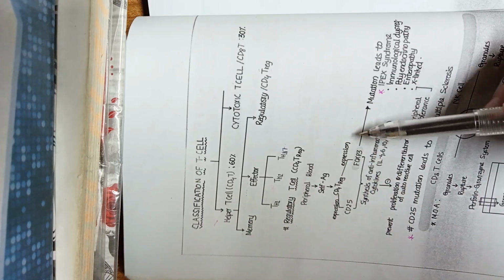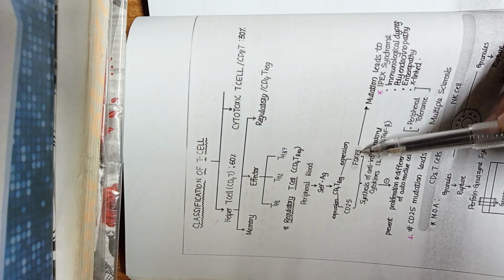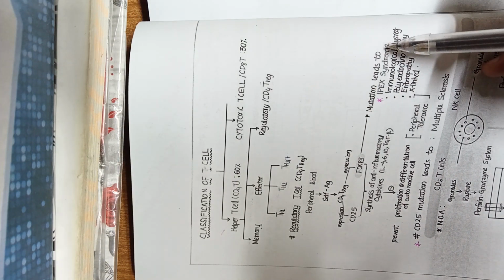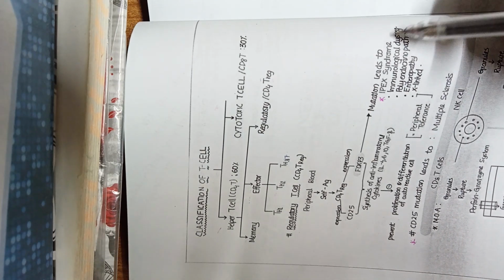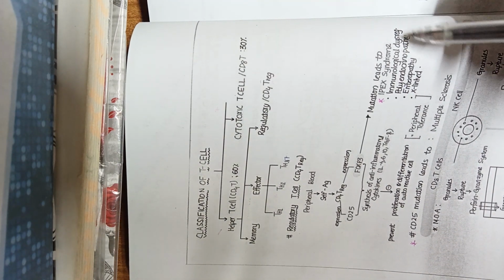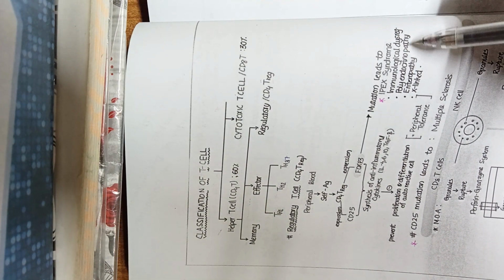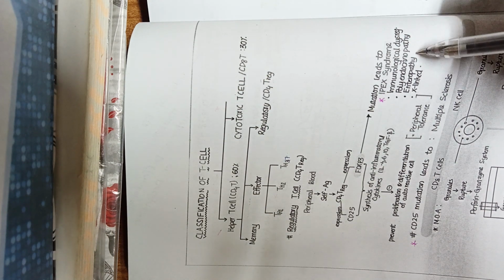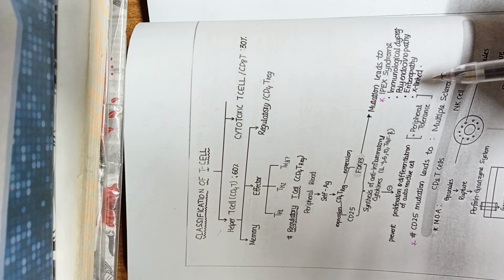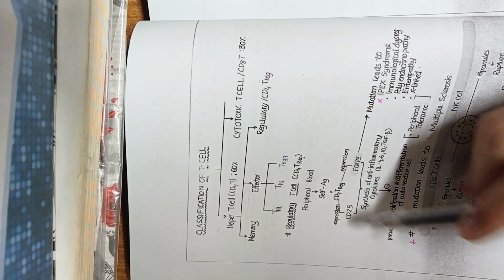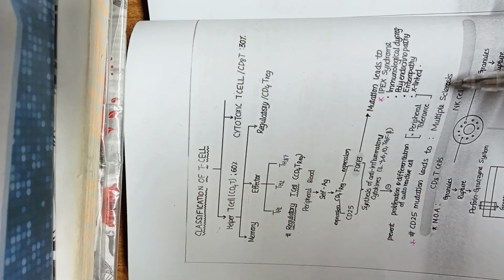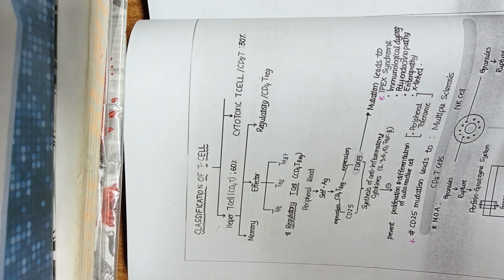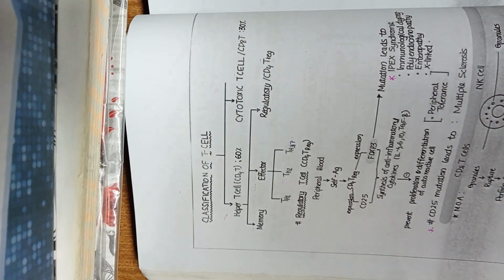Got this, guys? When there is a mutation in this gene FOXP3, this mutation leads to a syndrome called IPEX syndrome, and IPEX stands for immunological dysregulation, polyendocrinopathy, enteropathy and X-linked. While on the other hand, CD25 mutation leads to a disease called multiple sclerosis.